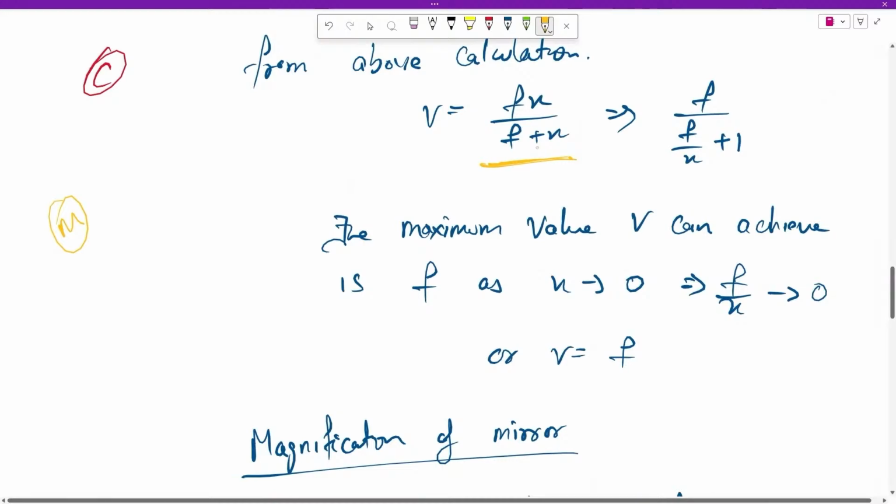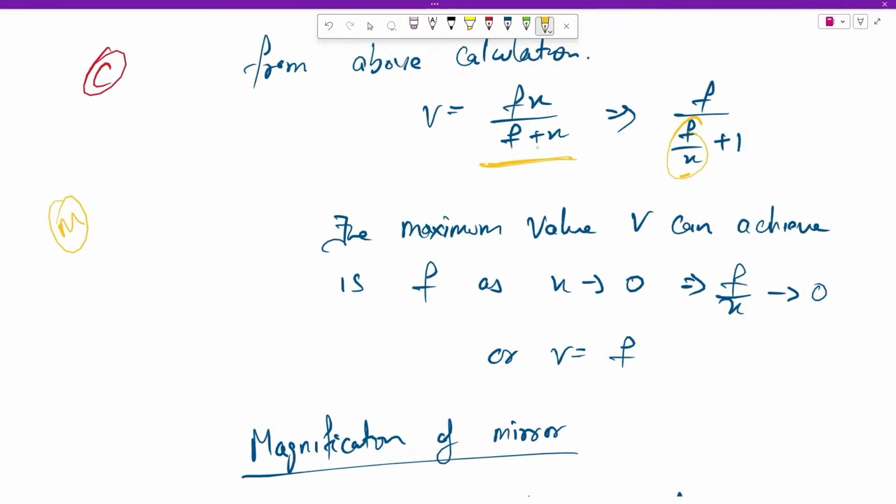So when we increase the value of x, this term f by x will tend towards 0. Thus the maximum value of v that we can achieve would be v equals f. That is, if we take the object away from the mirror, then the maximum position of the image is going to be at f. That's what the question said.